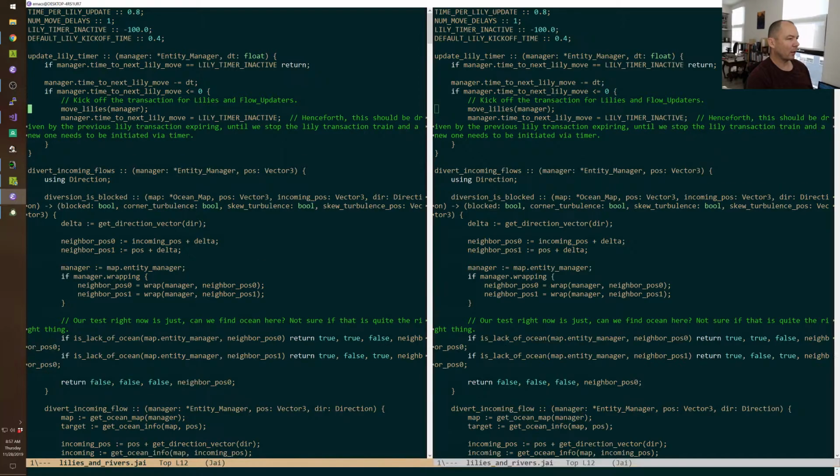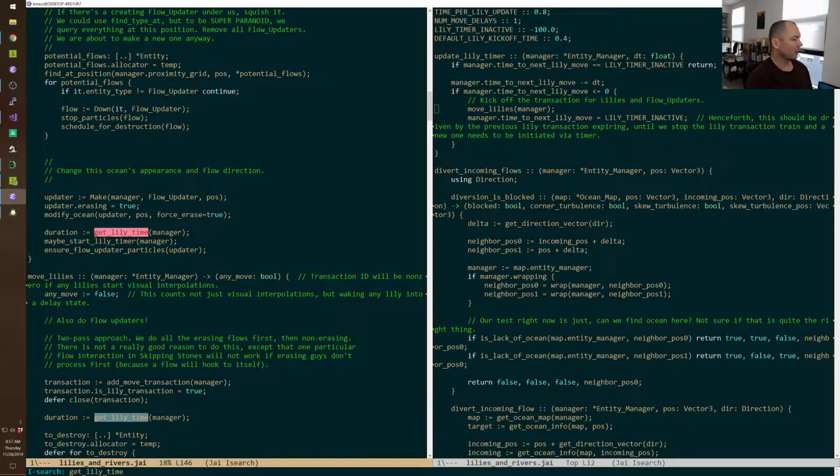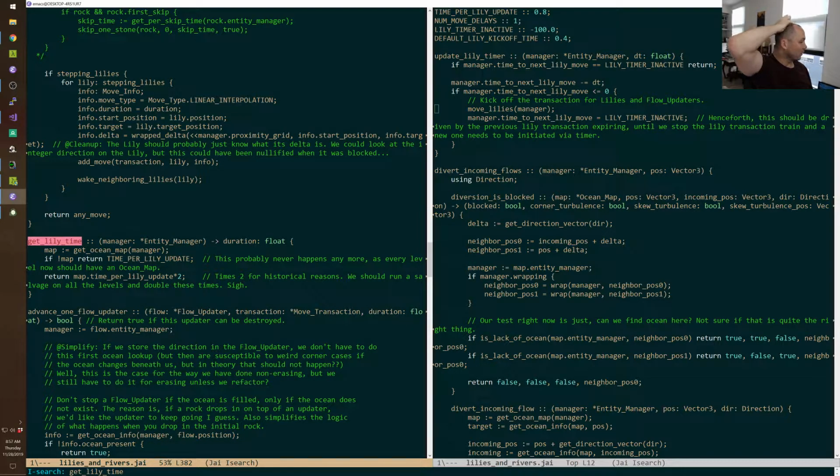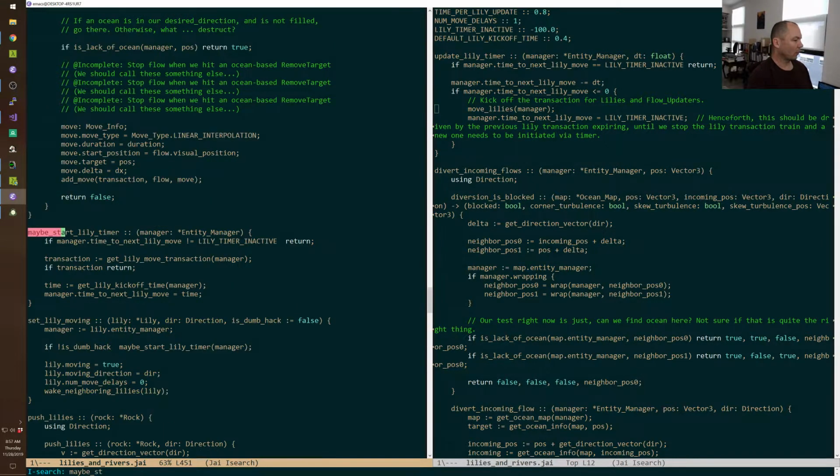I guess I should check that there's a transaction here, but I still don't understand how this could happen twice. So this shouldn't do anything if the timer is not inactive or if we already have a transaction.